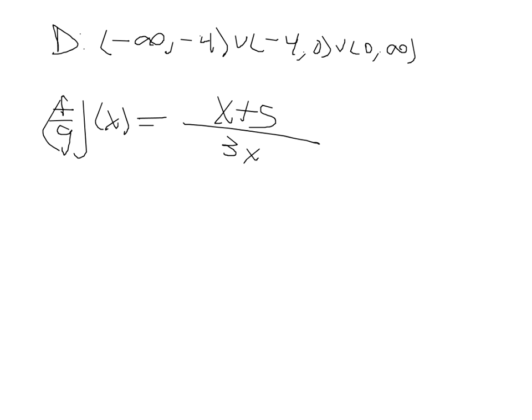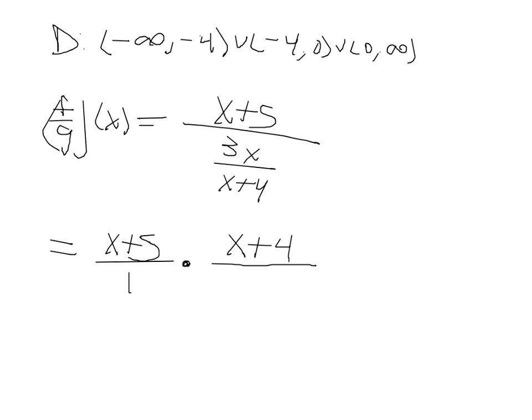x plus 5 over 3x divided by x plus 4. So just like fractions, we're going to take the top and multiply by the reciprocal of the bottom. So this flips. 3x goes on the bottom. And so this is 3x.